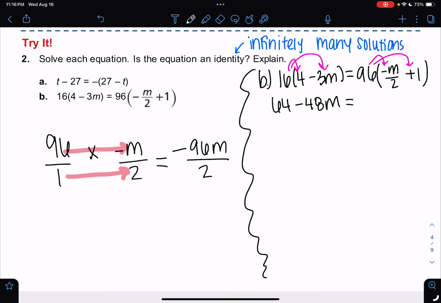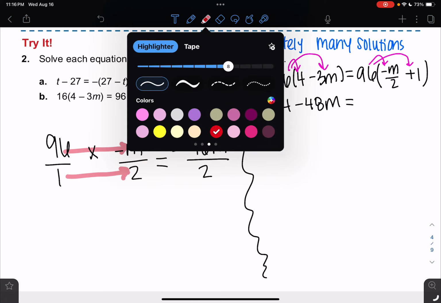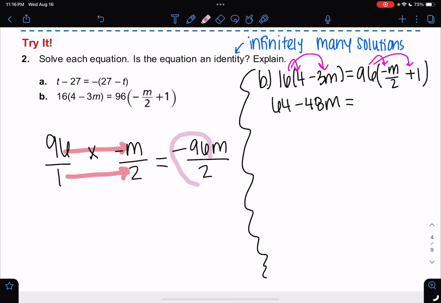And if I can do that, I can go ahead and combine these so I can do my division, and I would actually have -48m. Okay, so I wanted you to see where that's coming from, so I'm not just writing something random and you didn't know what it was. Okay, so I've got -48m, and then of course I still had my 96 times 1, which is plus 96.